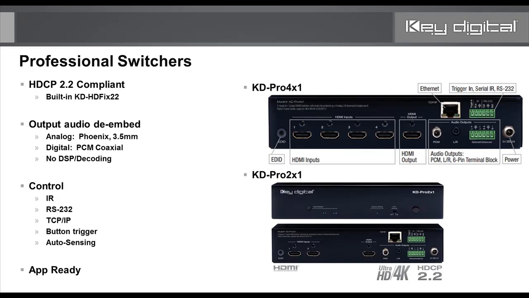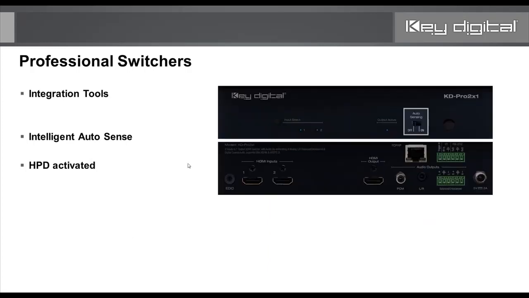Having audio de-embedding on 2 analog types, balanced or unbalanced, 6-pin Phoenix terminal and 3.5mm stereo, and a digital audio on a PCM. The audio de-embedding feature is very, very useful for integrating with amplifiers and giving a plethora of control options as well to ensure that a user can go up to the unit and press a button, or have it integrated with a professional control system and controllable by our app.